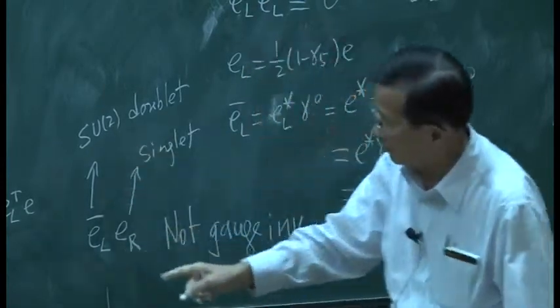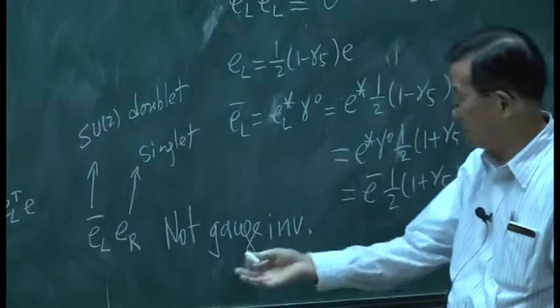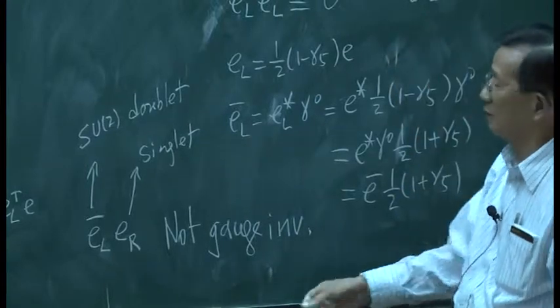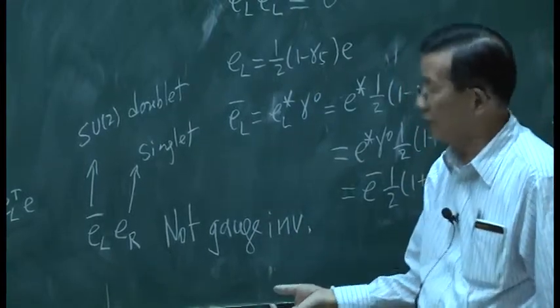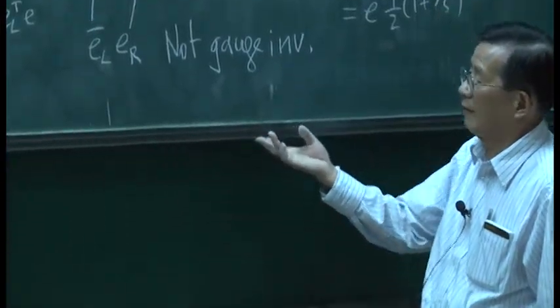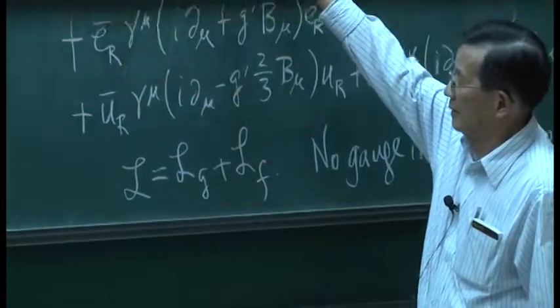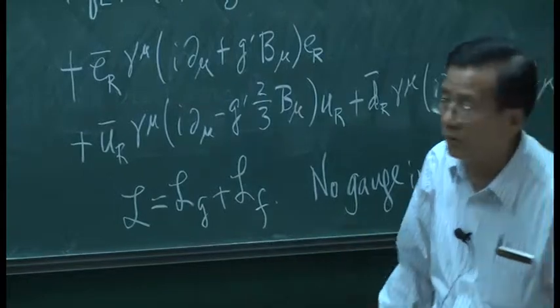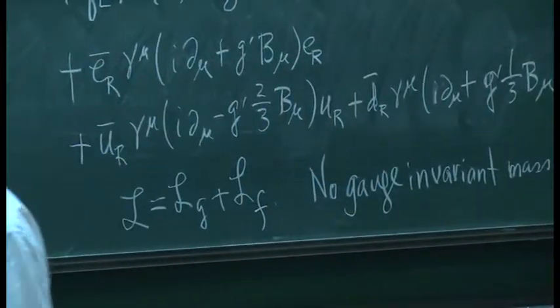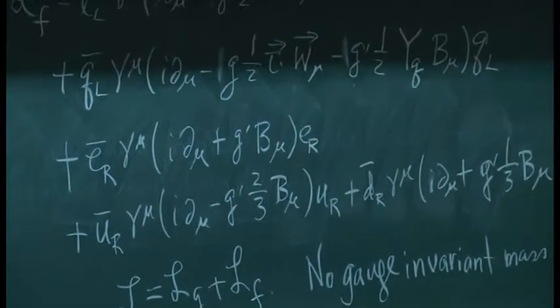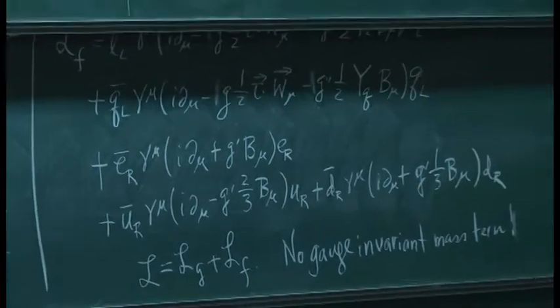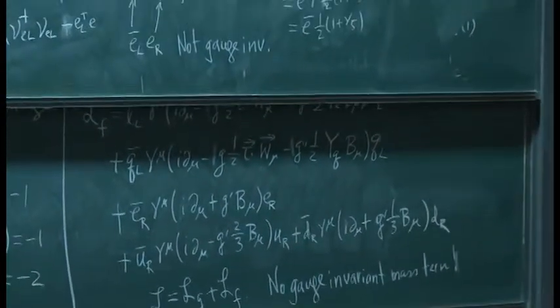So if you put the doublet and singlet together, it's not gauge invariant. So there's no gauge invariant mass term. Okay? And that's very important. That means in order to introduce masses to the fermions, we have to do something else.